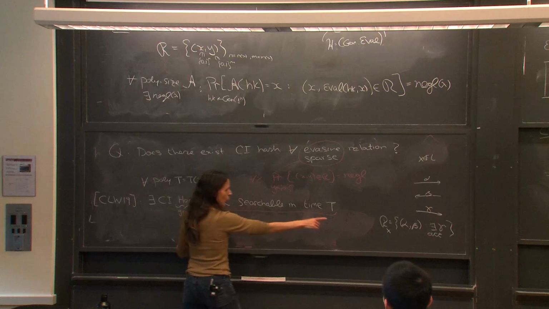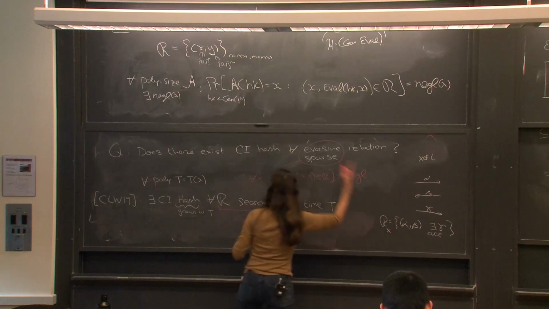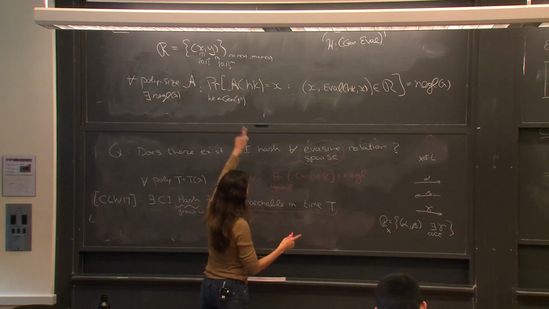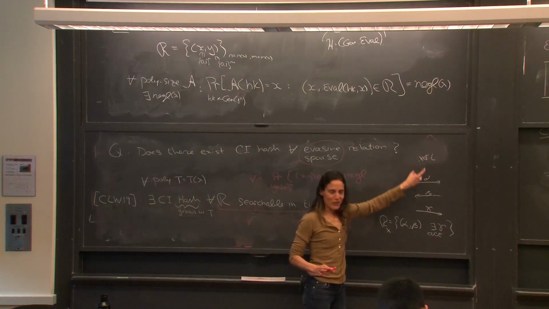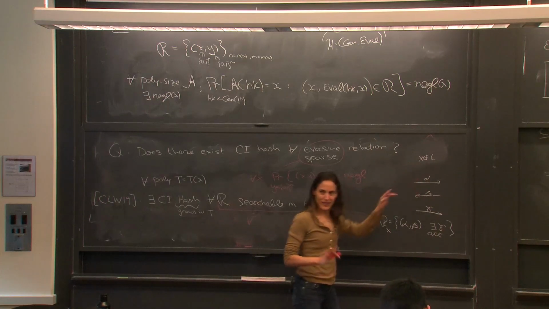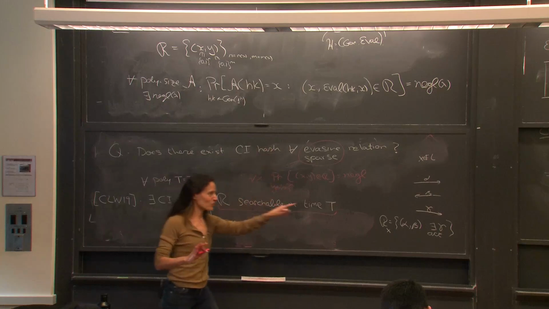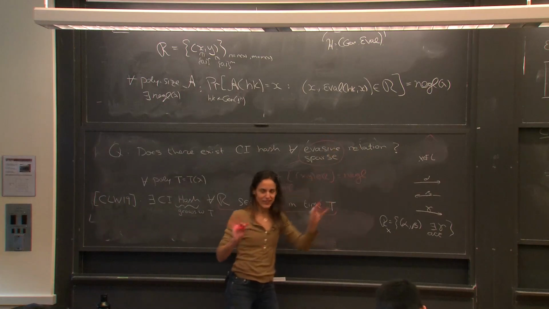And again, relation searchable in time t means that for every alpha, let me denote the relation by this and not x, because x often denotes input, and I want to think of the relation as alpha beta instead of xy, because then there's a confusion between the x here and the x instance.